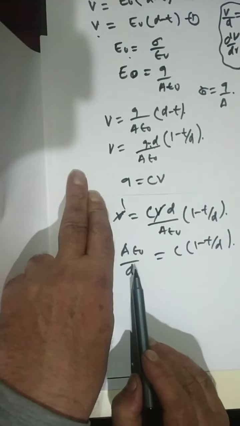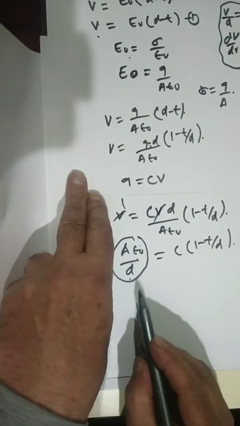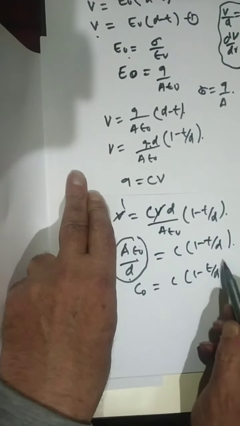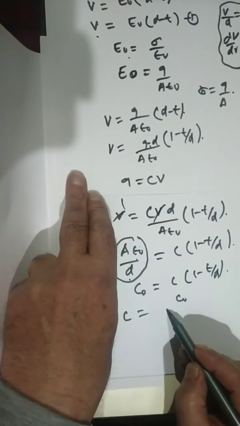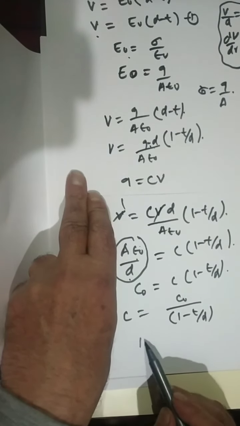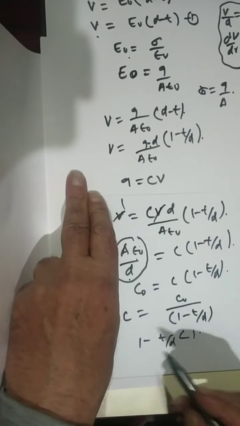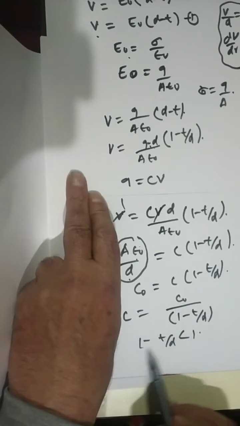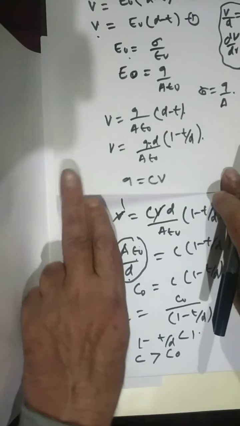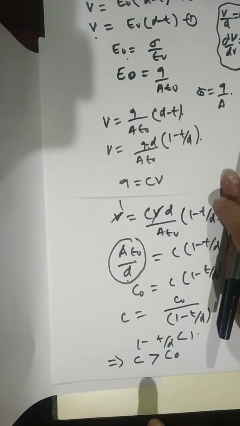Now, epsilon 0 A by D is the capacity of the air capacitor. So C0 is equal to C times (1 minus t by D), or C is equal to C0 by (1 minus t by D). Since 1 minus t by D is less than 1, C is greater than C0. Thus, by introducing a conducting slab inside the capacitor, its capacity increases.